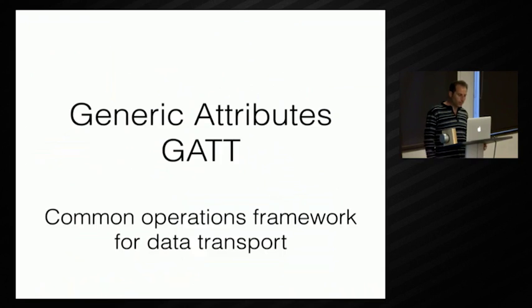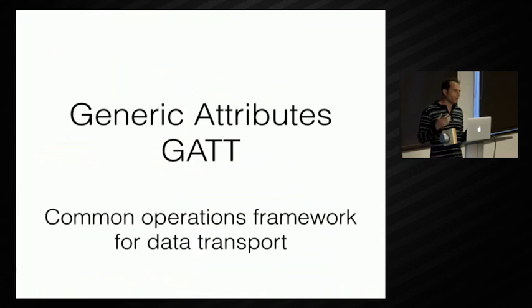So one aspect of BLE is these generic attributes, otherwise known as GATT. It's a common operations framework for data transport. So rather than having a complex command state machine back and forth, which is in some of the other Bluetooth technologies, there's just this concept of standard IDs that may be readable across devices.